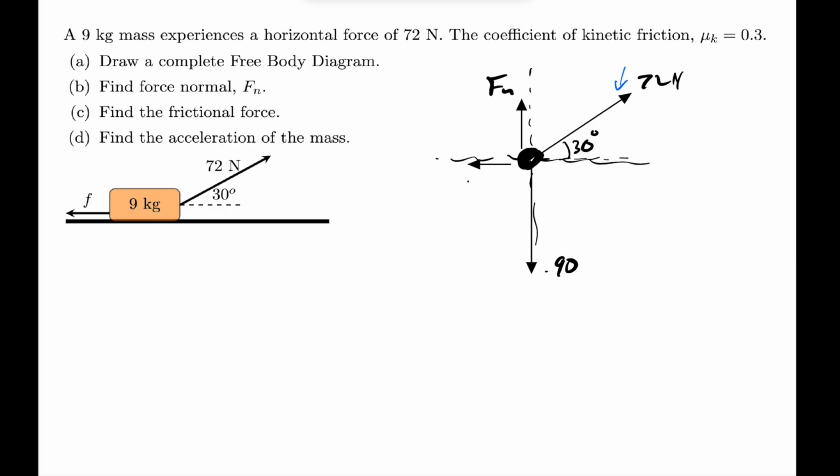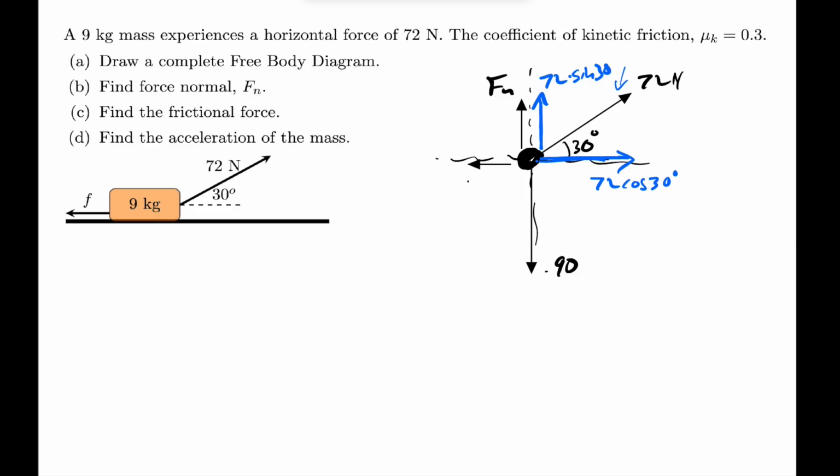All right, this is getting ugly, but it's not as bad as you think. Watch. I have to break up the 72 Newton vector. I'm going to break it into a horizontal component here, and this is going to be 72 times the cosine of 30. If you're unsure about that, go back and watch my videos on breaking up vectors. And then there's a vertical component here, which is going to be 72 times sine of 30.